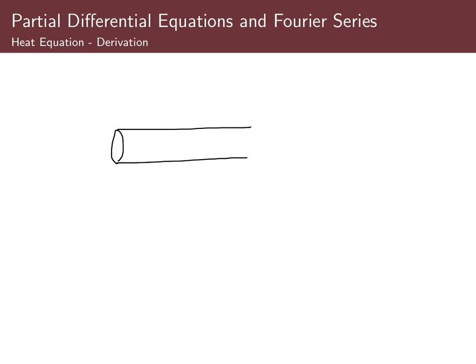Okay, so the picture here is going to be of a bar, with the x-axis going through, the left end point being x equal to 0, and the right end point being x equal to L. And we're going to assume that heat is constant in every direction but left to right.